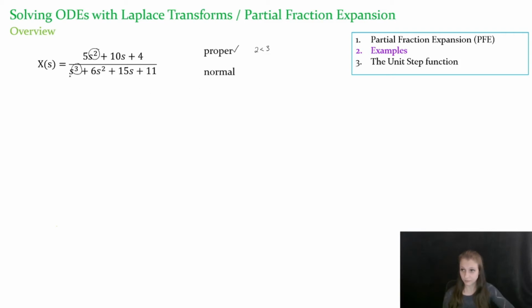Then I also see that the coefficient for my s to the third term is 1, and so therefore we are in normal form because the coefficient in front of the highest power of s in the denominator is 1. So at this point, if we wanted to, we could proceed with partial fraction expansion and solving our expression.